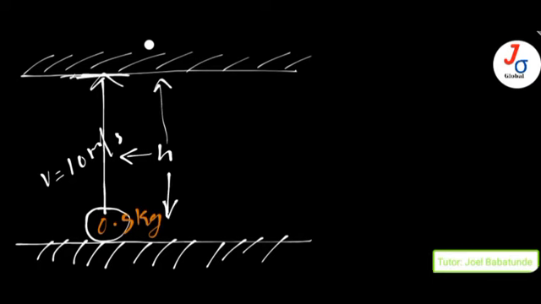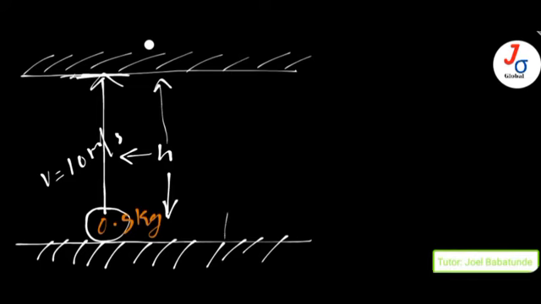Now I want you to listen very carefully. As the stone goes up, it's ascending against gravity. Gravity is pulling it down. As it goes, it begins to reduce in speed.